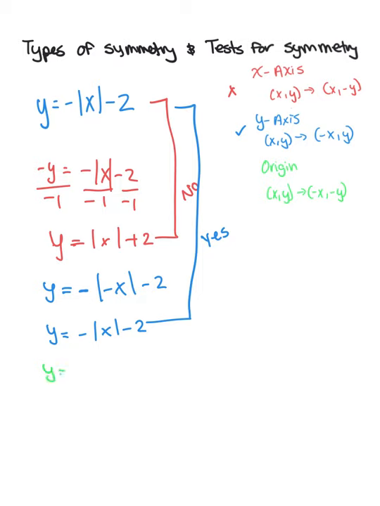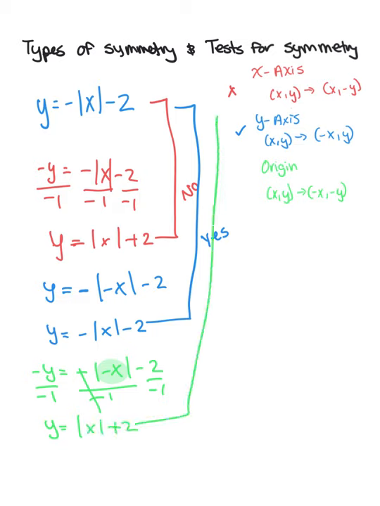So negative y is equal to the absolute value of negative x minus 2, because I have to negate them both. So I'm going to divide everything by a negative 1. So I get y is equal to, two negatives make a positive, I'm going to take care of the absolute value of negative x and get positive x plus 2.